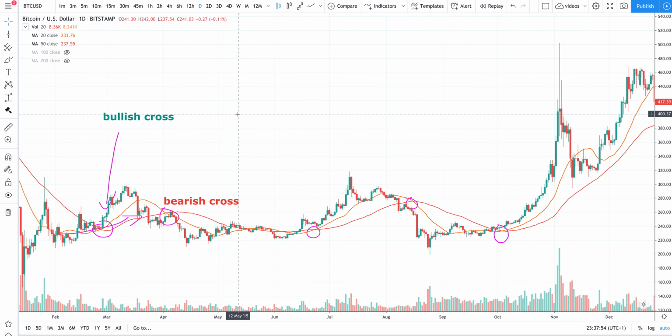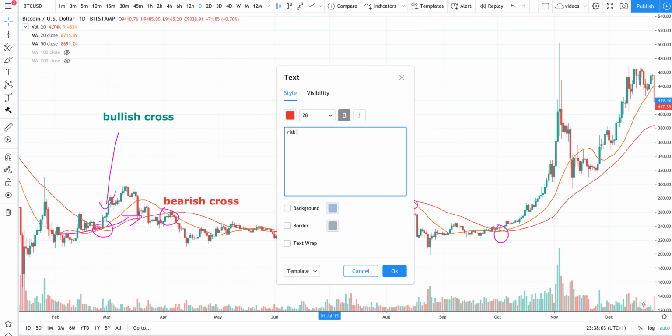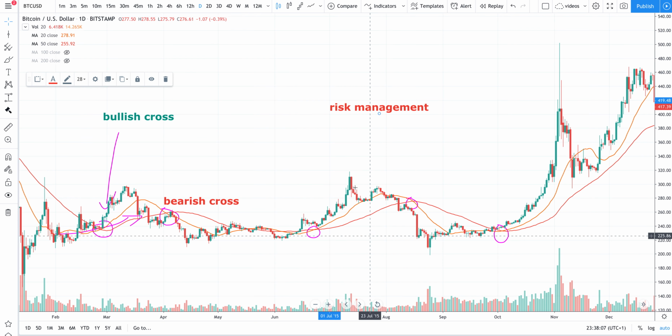Let's introduce another important concept, risk management. Well, this will not be a proper risk management lesson, of course.